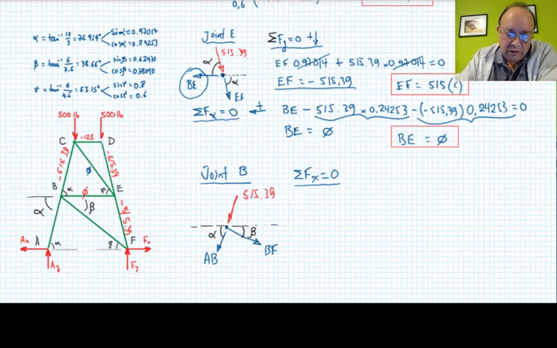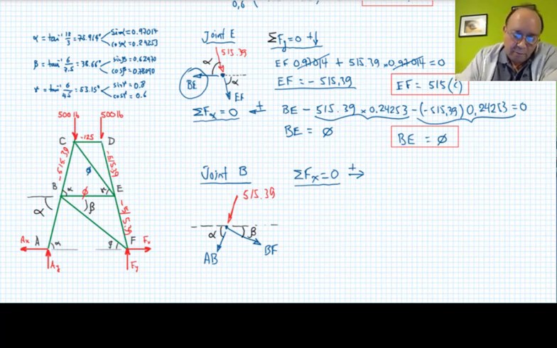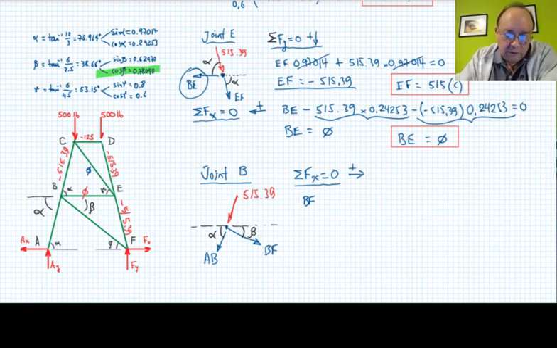Let's do positive to the right. Here it doesn't matter. We have forces in all the directions. So we have, for example, BF cosine beta, which is right here, 0.7809, minus AB cosine alpha.